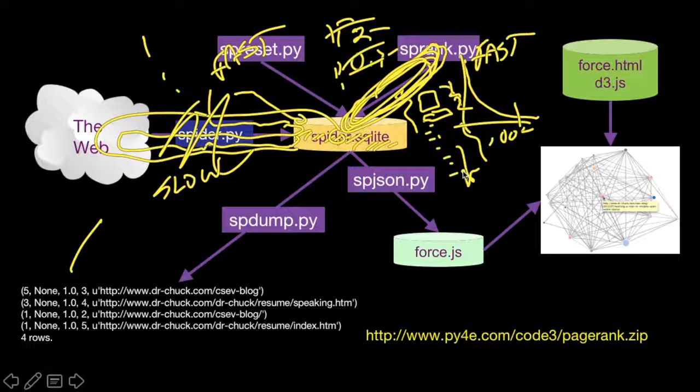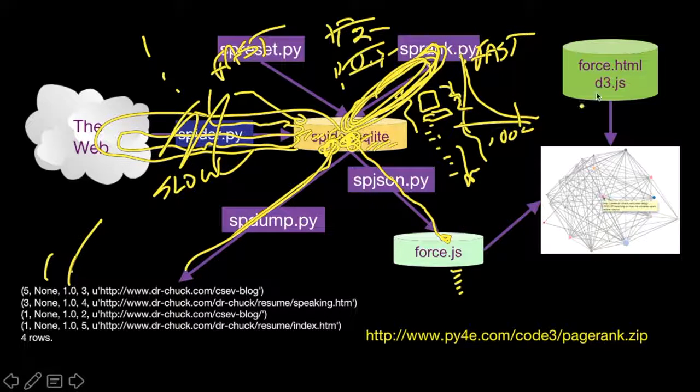And there's a couple of programs that allow us to visualize that. One is the dump, which just reads it and checks. It shows the new page rank, the old page rank, and various other things. And then there's this program that reads the whole thing. You say, I'd like to do the top 25, the best. It sorts by page rank, and then produces a JavaScript file that has just the numbers in it.